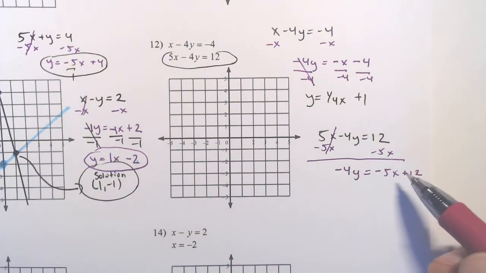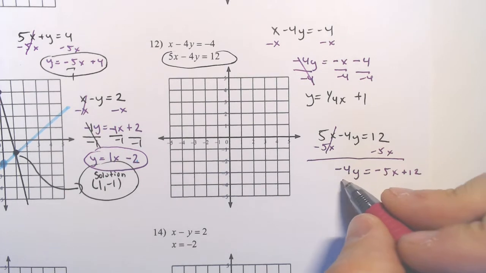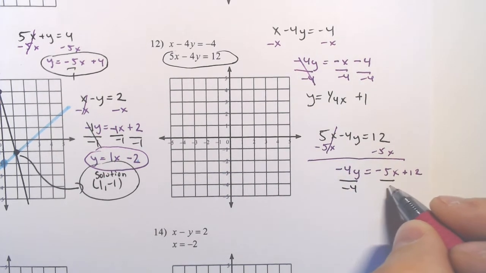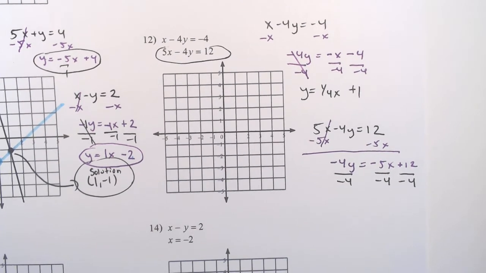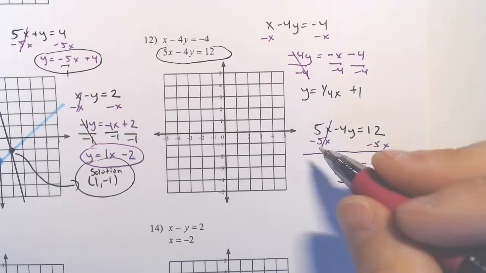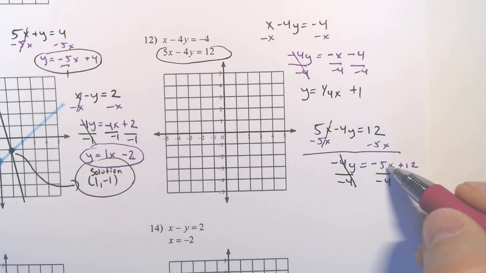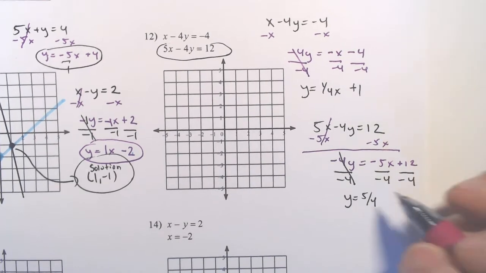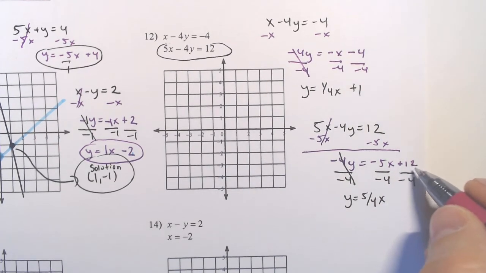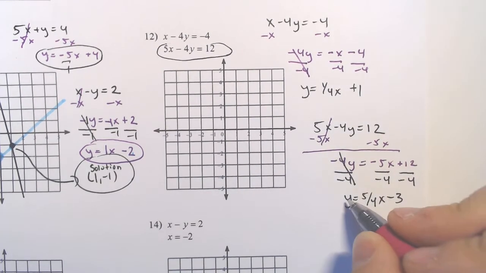And if we had negative 4y equals negative 5x plus 12, divide by negative 4. The y's would cancel, all the negative 4's would cancel. Negative 5 divided by negative 4, negative divided by negative is a positive 5 over 4 x. 12 divided by negative 4 is negative 3.